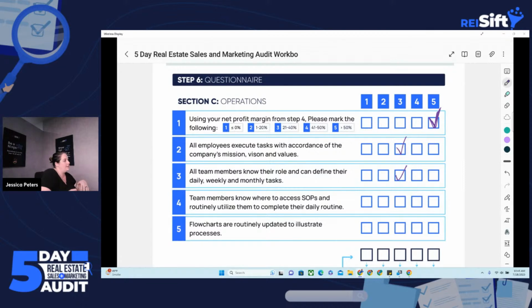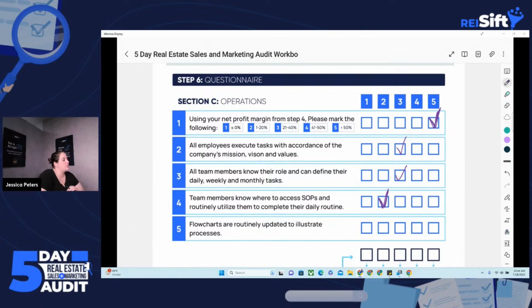Or how to do a niche marketing attempt, how to use call tools, any SOP, anything that you're doing in your business, do they know where to access videos or steps of how to implement those in the daily routine? I'm going to give us a 2 just because I know that takes time, and that's often one of the last steps that people get to.